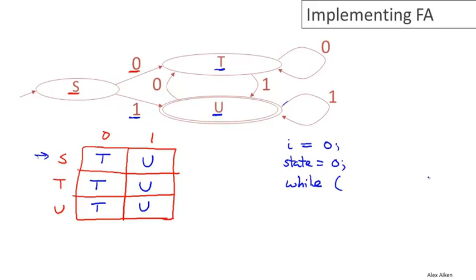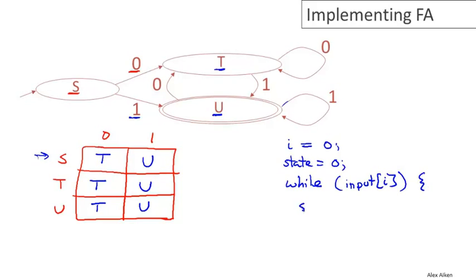We want to walk over the input and make the transitions for each element of the input one at a time. And we want to stop when the input is empty. So while there still is input, let's say we have an array of characters that is our input, and while the entry in that array is not null, let's do the following.